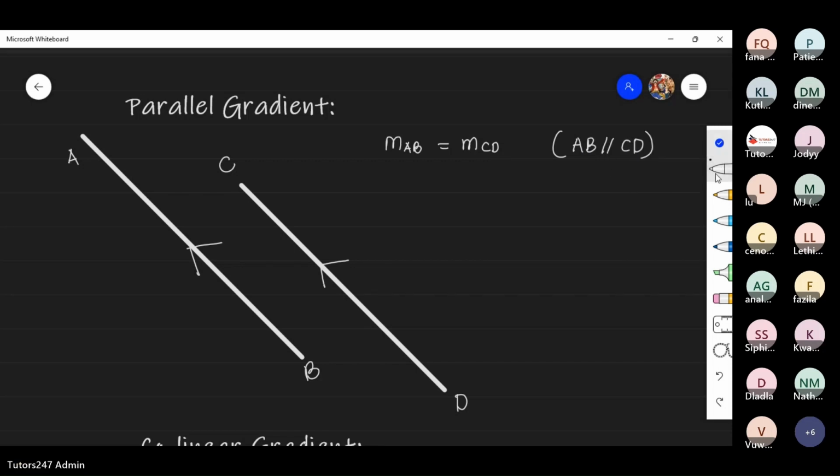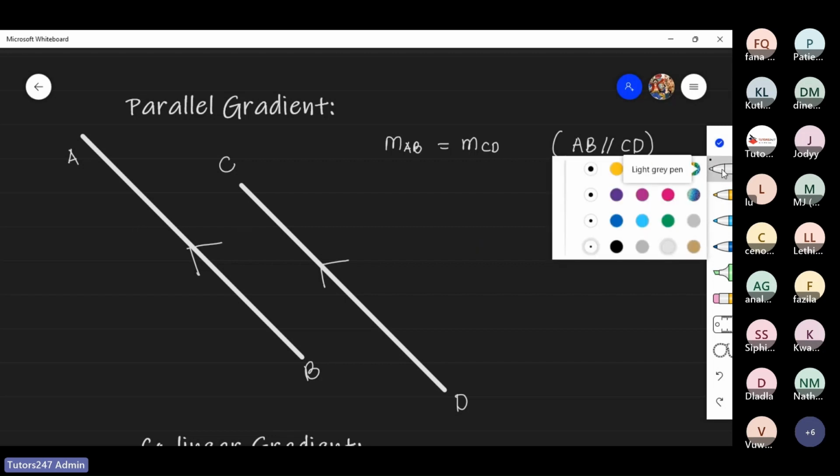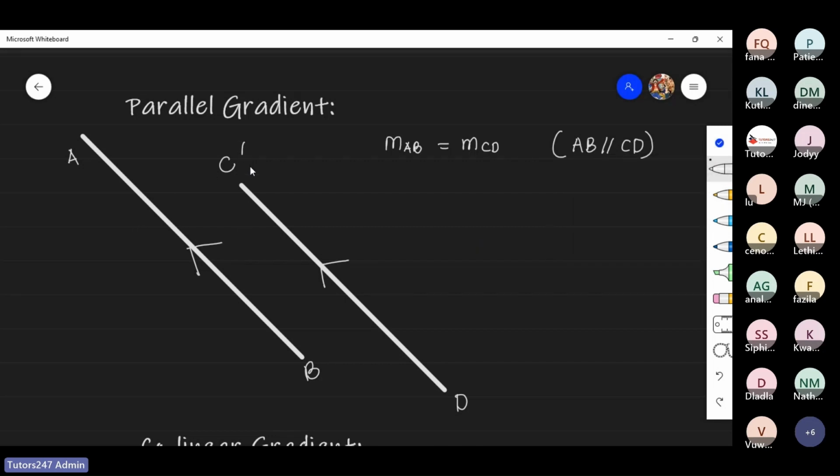So let's put in some coordinates for these lines. Let's say that C has coordinates -3 and 1, and D has coordinates, let's make it -2 and -8. So that's our coordinates of C and D. What if the question were to state, calculate the gradient AB?